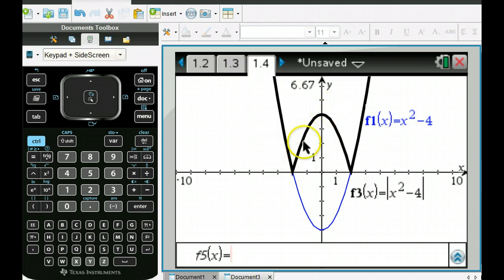However, this piece in the middle, which looks like an upside down parabola, or part of it, does not belong to x squared minus 4. In fact, it belongs to negative x squared plus 4. And so we change both signs of what's inside the absolute value function.